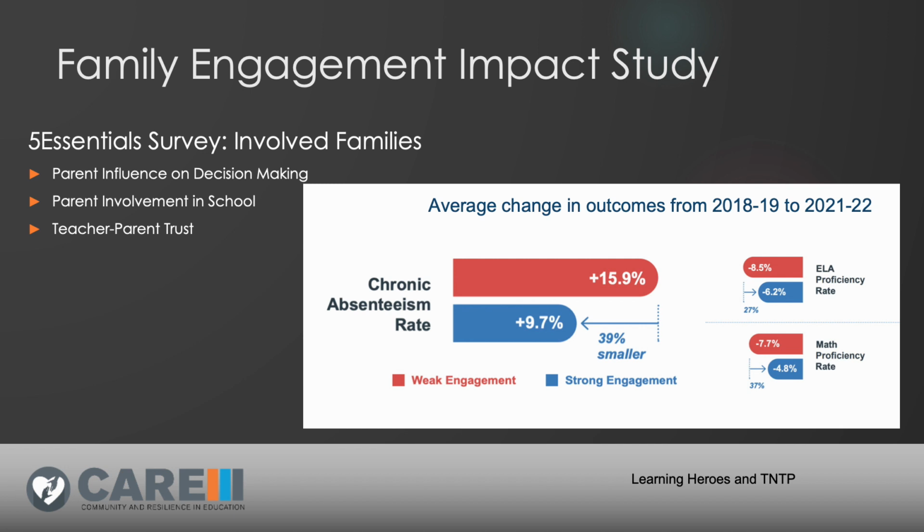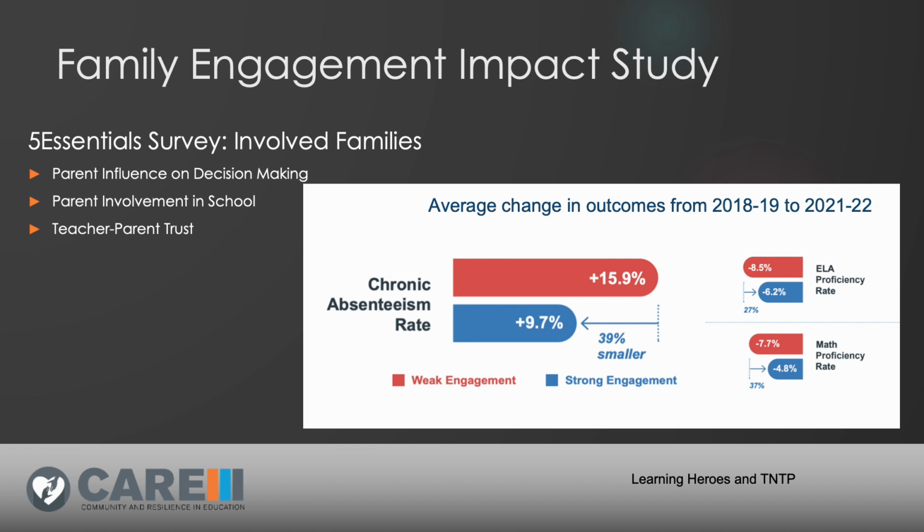And what they found through this survey was that when the 5 Essentials survey showed high family engagement, there was a decrease in chronic absenteeism. So a 39% decrease in chronic absenteeism. And there was also an increase in ELA and math proficiency rates. So this is over just a couple year period.